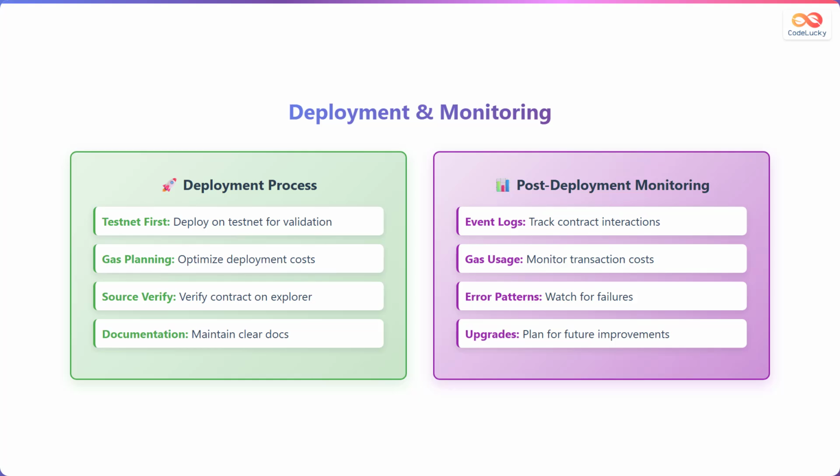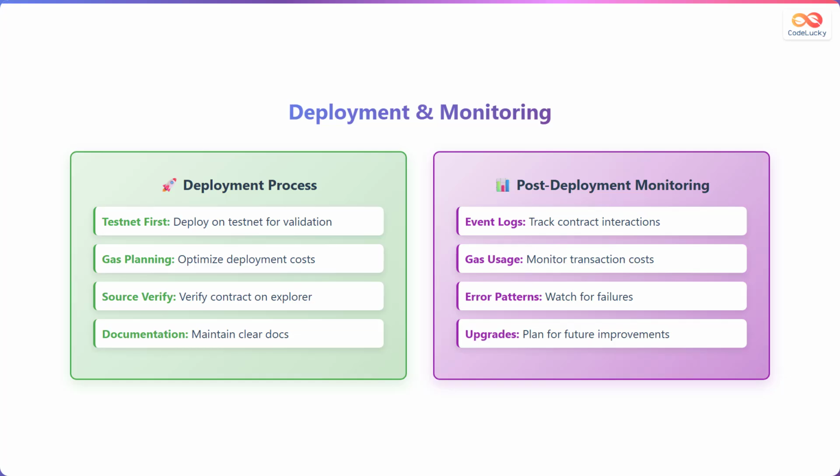Proper deployment and monitoring practices ensure smart contracts operate reliably in production. The deployment process begins with thorough testing on testnets before mainnet deployment. Gas planning helps optimize deployment costs by analyzing contract size and initialization requirements. Source code verification on blockchain explorers like Etherscan provides transparency and builds user trust.